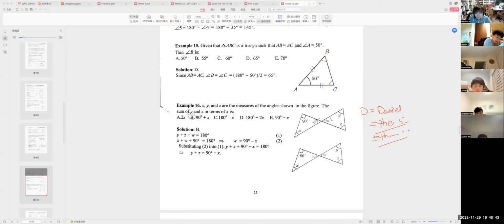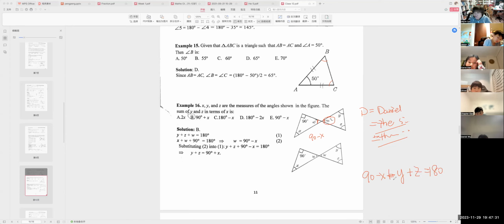Okay, so how do we find this? If you take a look at this one, because this is 90 degrees, this is X. So obviously the one which is missing is 90 minus X. So this one is also 90 minus X. Okay, so now you're going to find out 90 minus X plus Y plus Z equals 180.